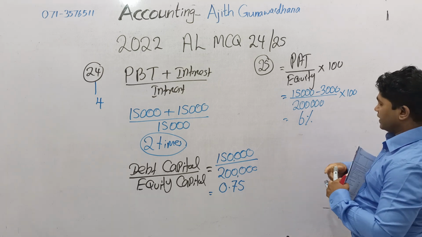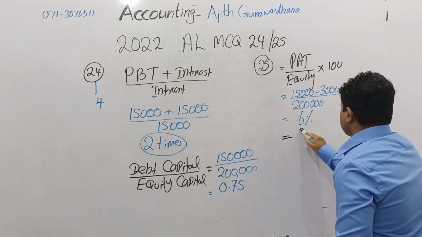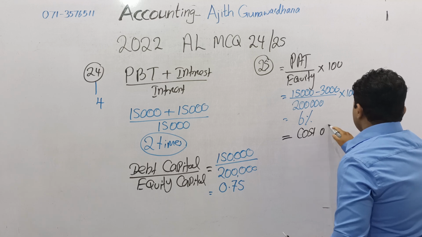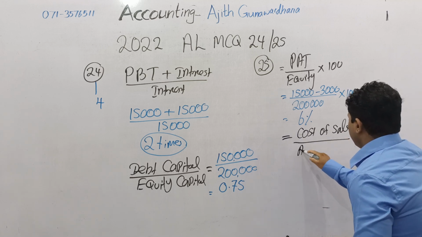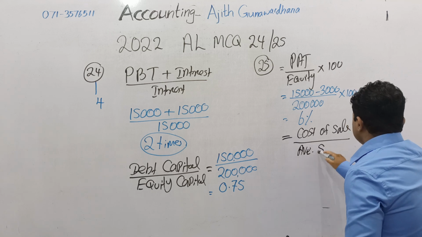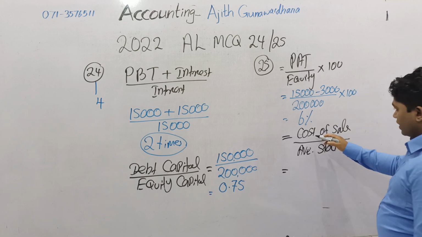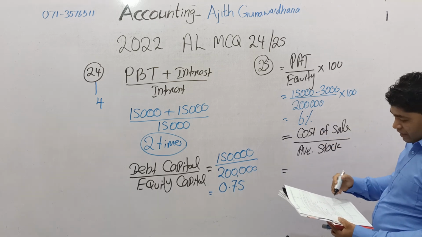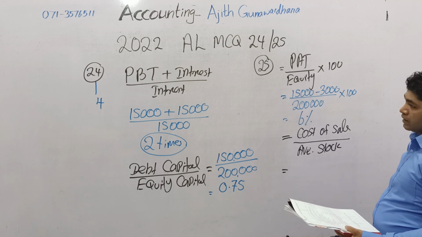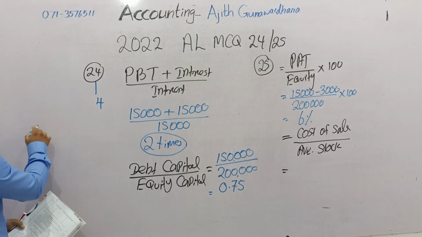Next, the inventory turnover ratio. It can be calculated as cost of sales divided by average stock. Average stock is given, but cost of sales is not given; however, the selling price and profit margin are given.